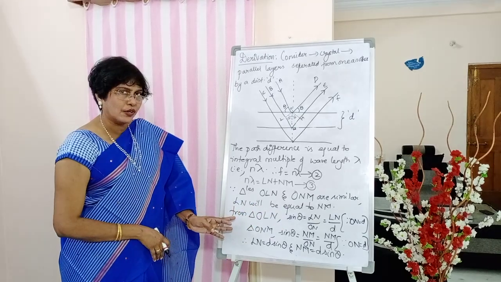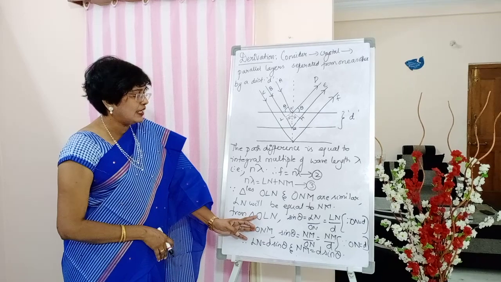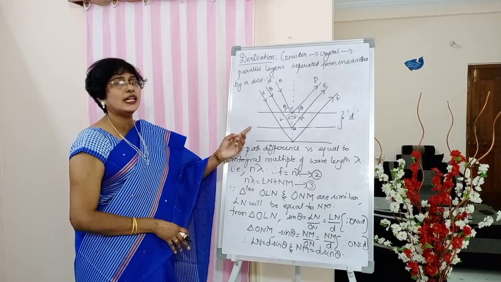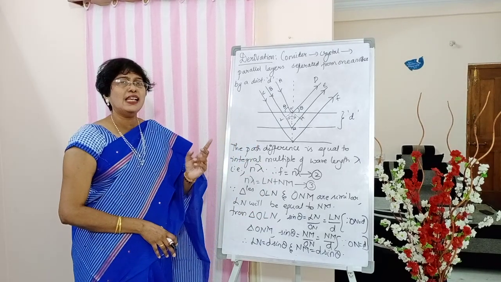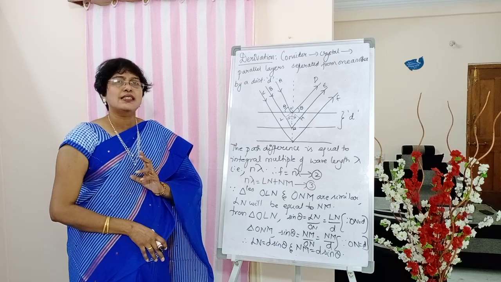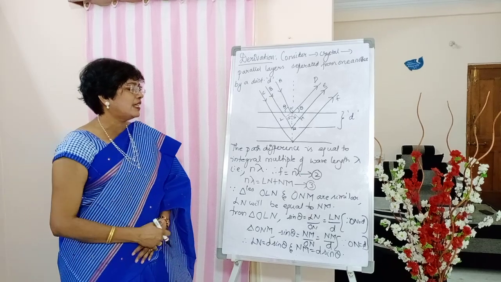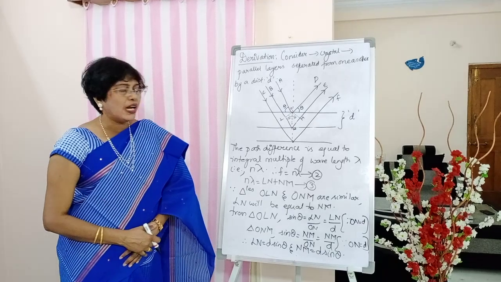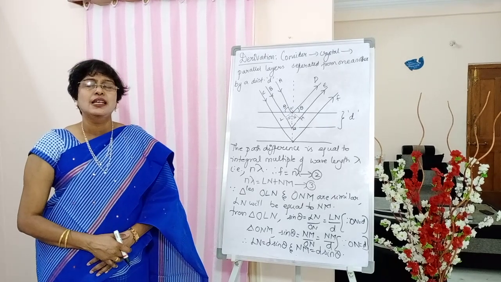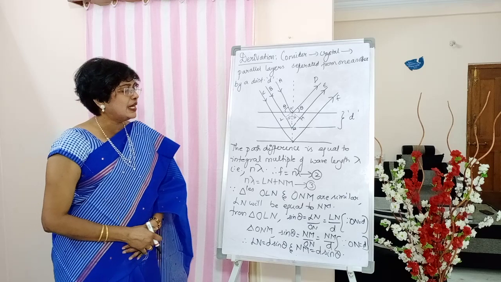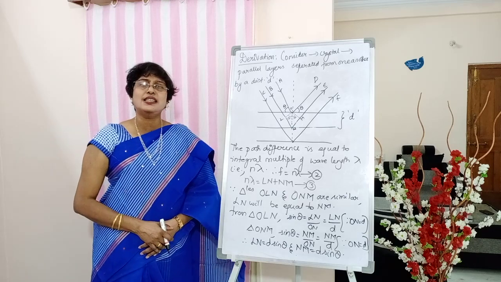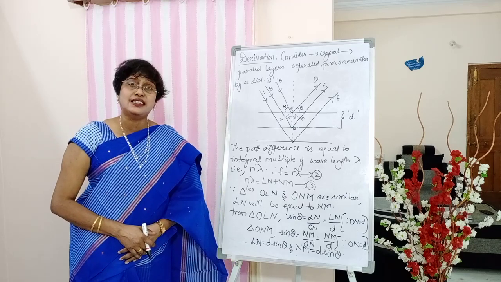Therefore, below write down, from triangle OLN, sin theta will be equal to, you can write it on your own, students. Sin theta is equal to LN by ON, which is equal to LN by d. Why is ON taken as d?